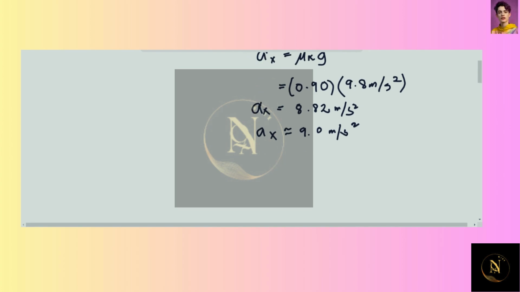We will now use a kinematic equation to get the time. The equation we will use is this one. x sub 1 is equal to x sub naught plus v sub naught x, the initial velocity of the man running, multiplied by the time we are looking for, t sub 1, plus 1/2 multiplied by the acceleration we calculated earlier, and then the square of the time.